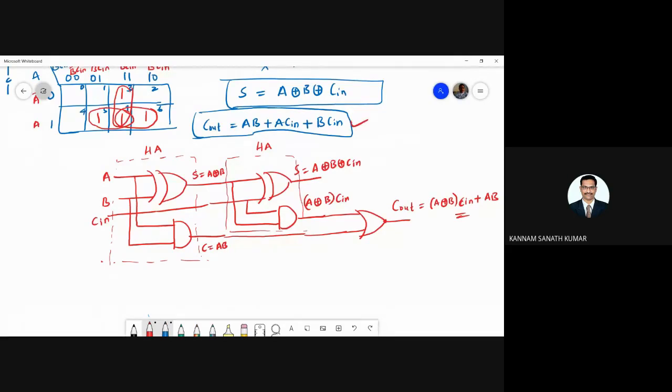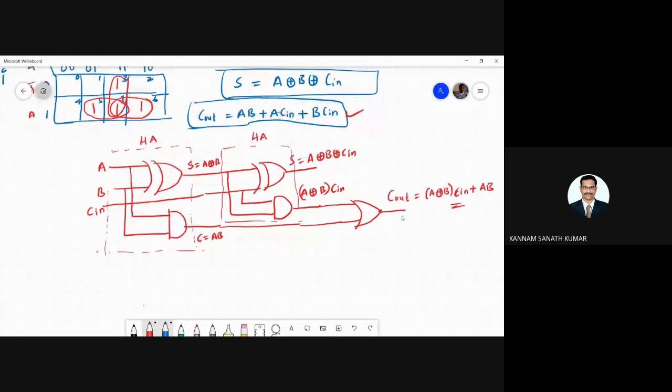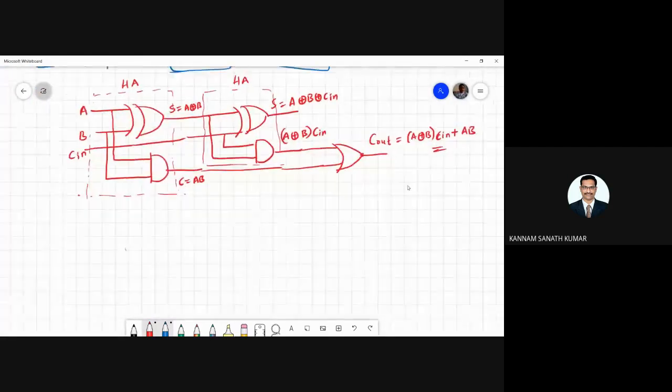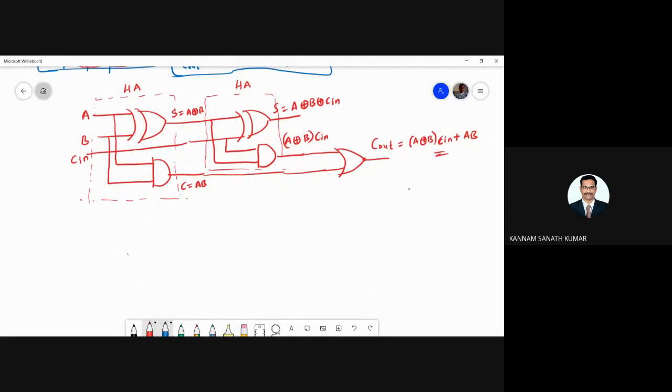Okay, so that means you can draw the full adder by using two half adders and one OR gate. By using two half adders and the OR gate, you will get the logic diagram for the full adder. Okay, so if you show it like a block diagram, this is one half adder.